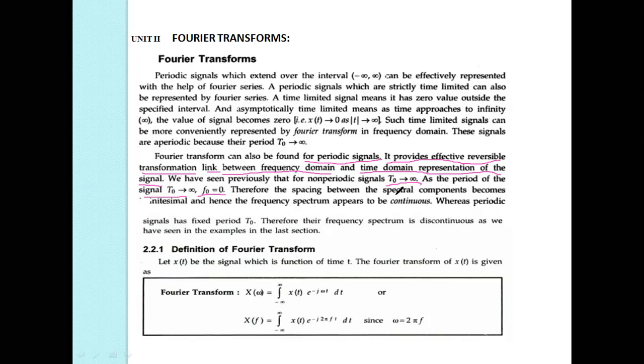Therefore, the spacing between the spectral components becomes zero, as the frequency spectrum appears to be continuous, whereas the periodic signals have a fixed period T naught.